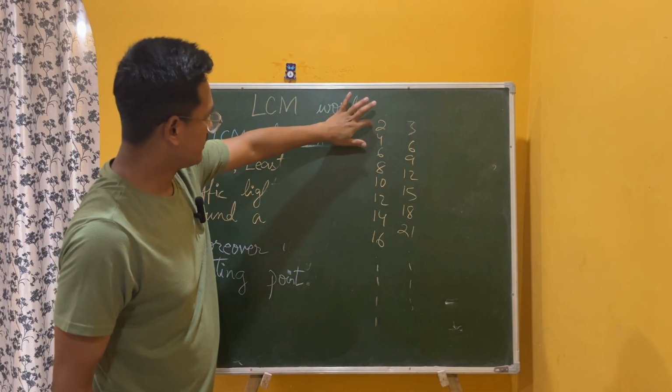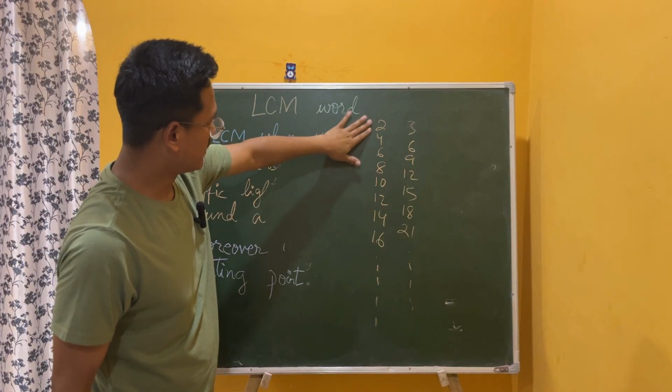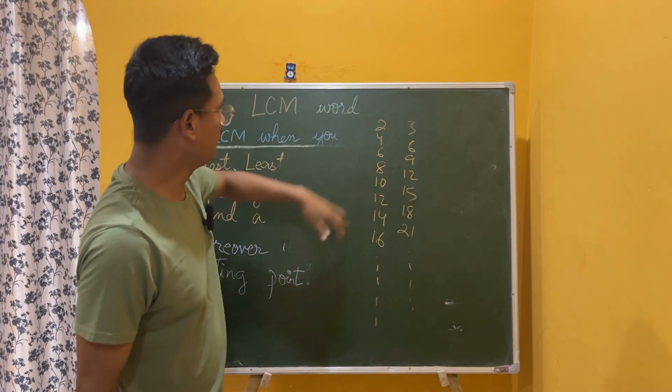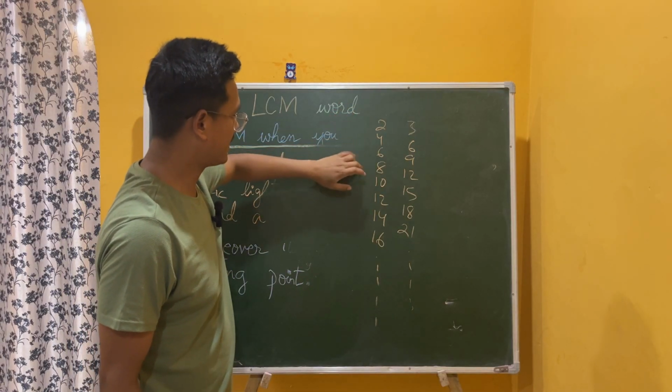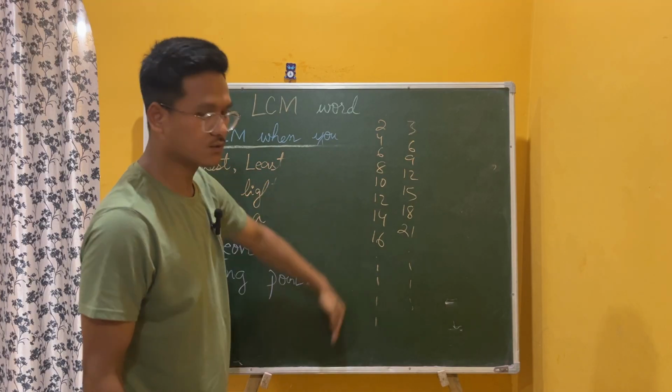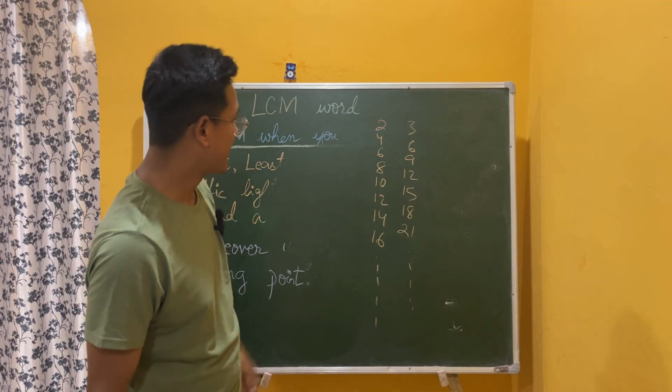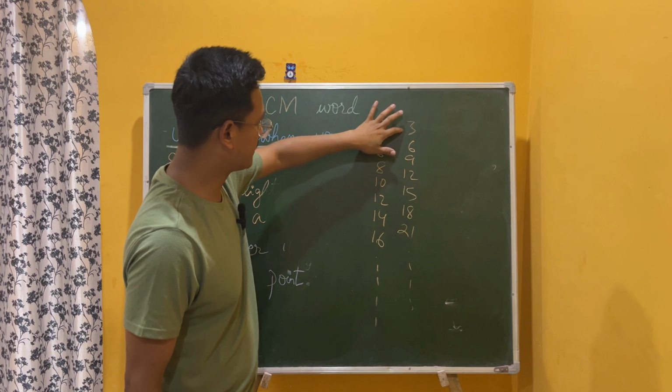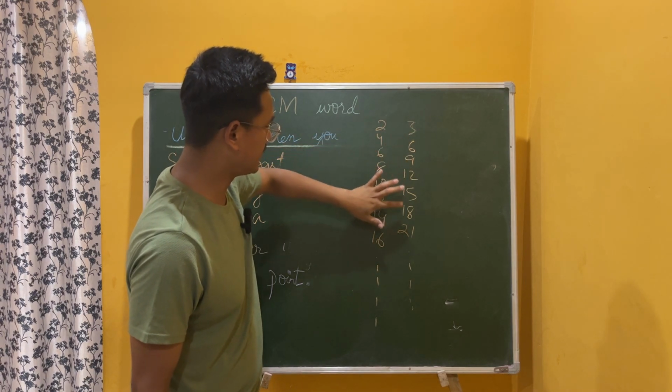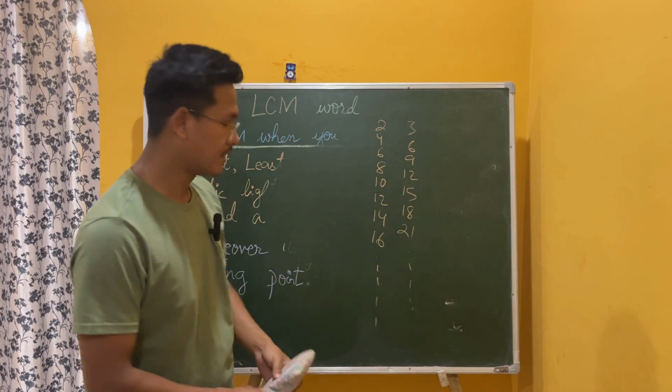So this one is the multiples of 2: 2, 4, 6, 8, 10, 12, 14, 16, and so on. It will go on. And here multiples of 3: 3, 6, 9, 12, 15, 18, 21, and on.